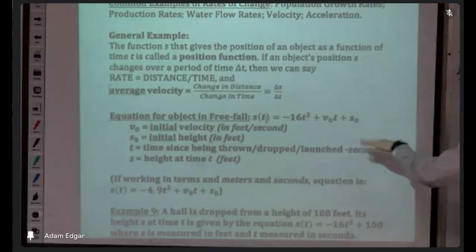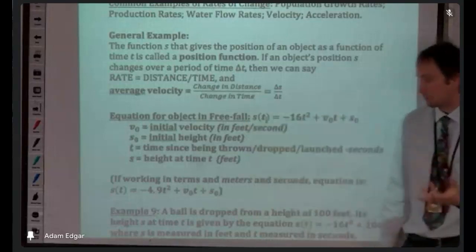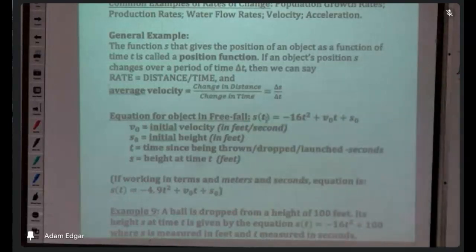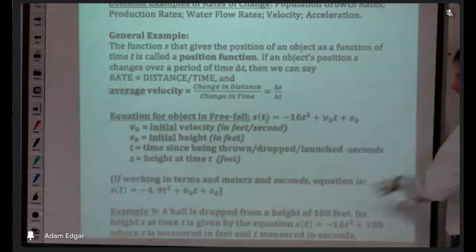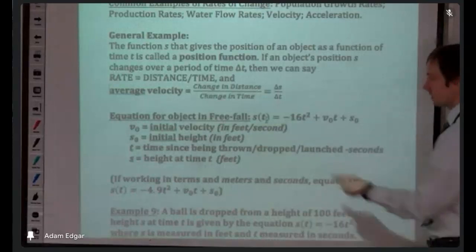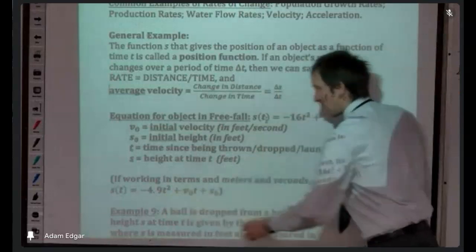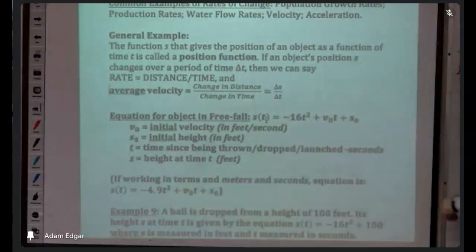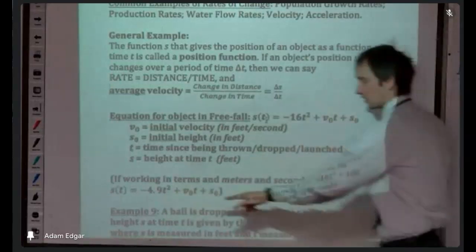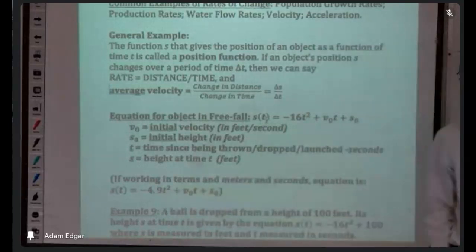Time t is just the time since we launched you or threw you or dropped you or whatever. And then s is your final height at whatever time we're talking about. If you want to work in terms of meters, it's the same equation, except instead of -16, we deal with -4.9. So this is dealing with feet and seconds, and this down here is dealing with meters and seconds for your position and time.